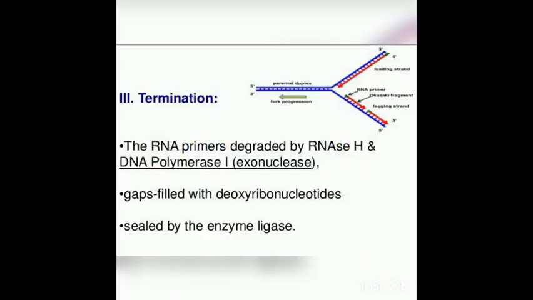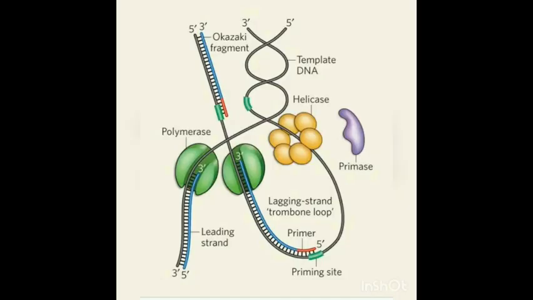It is removed from the 5' end one by one by the exonuclease activity of the DNA polymerase. Finally, when all the nucleotides are in position, the gaps are sealed by the enzyme DNA ligase. Here, DNA polymerase and DNA ligase play a very important role in the replication process.